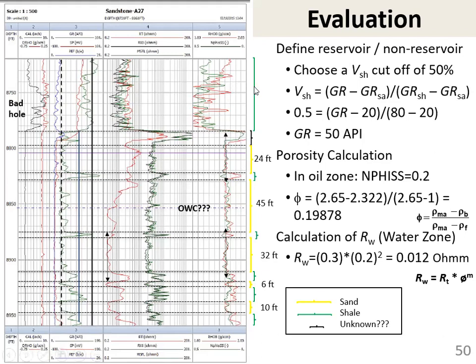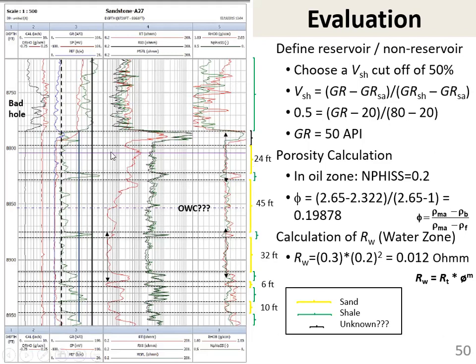So having delineated, first we looked at the integrity of the whole quality. The next thing was to identify the zones. So that done, the next stage would be to look at fluid content and establish contacts.